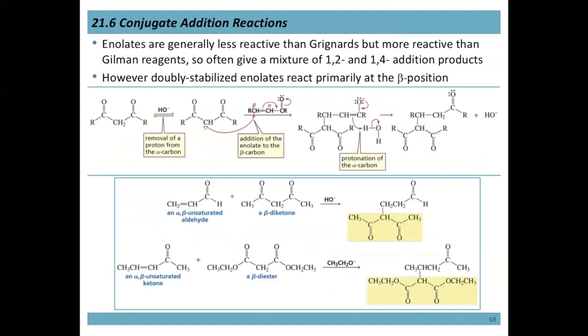So let's talk a little bit more about our favorite nucleophile in this chapter, and that is enolates. Enolates are, again, more like the Gilman reagent, soft nucleophiles, with the negative charge spread over a carbon and an oxygen, and so they tend to add at the beta carbon.